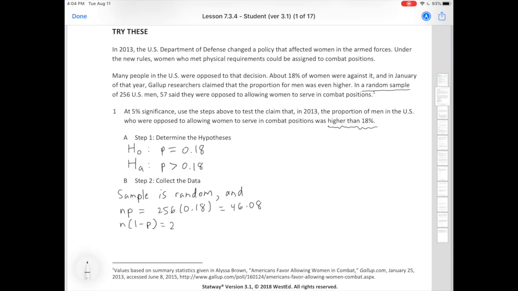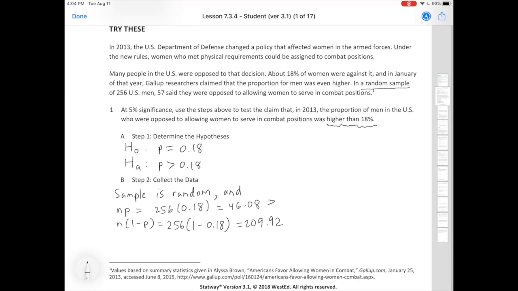And here, if I do 256 times 1 minus 0.18, I get 209.92. Both of these are bigger than 10.